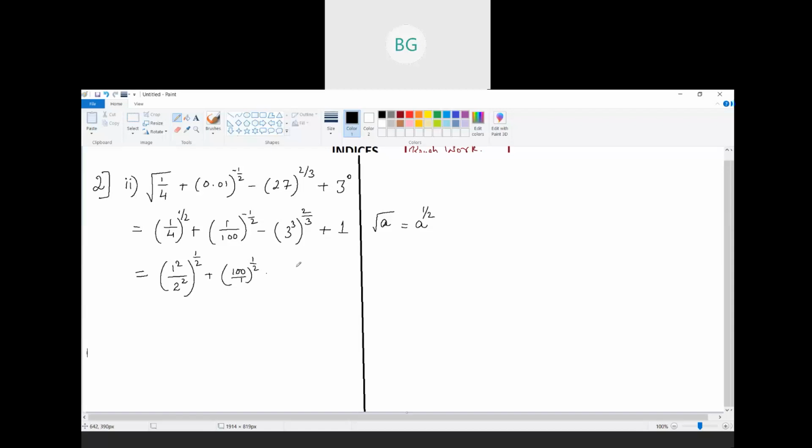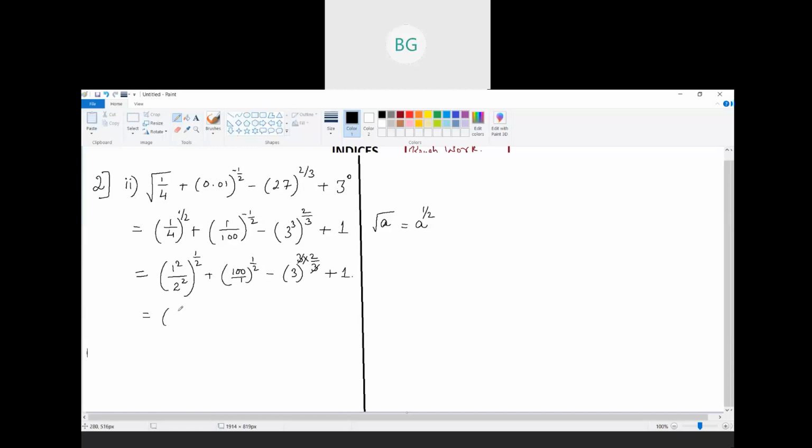Then minus 3. Now here we have two powers. So what we can do? We can multiply that. So 3 into 2 by 3. So 3 will get cancelled and this plus 1 as it is. Okay. Now here we can see that the powers are same for base numerator and denominator.